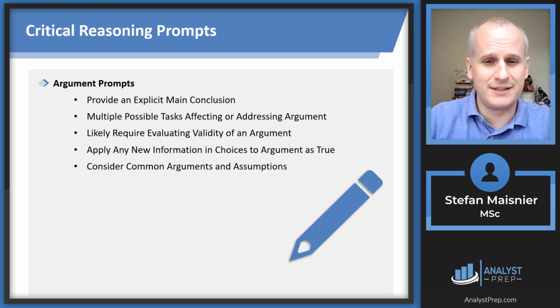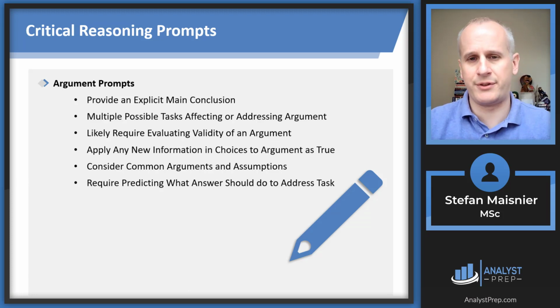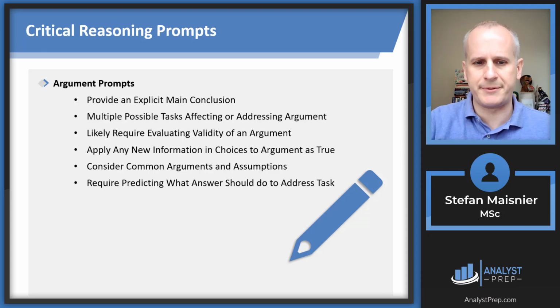You'll also want to consider some of the common arguments and assumptions that we talked about in our argumentation lessons, and you'll want to predict what the answer should do to address the specific task, whether that be weaken or strengthen or find an assumption, identify a flaw. All of these are based upon the conclusion and would constitute an argument prompt.